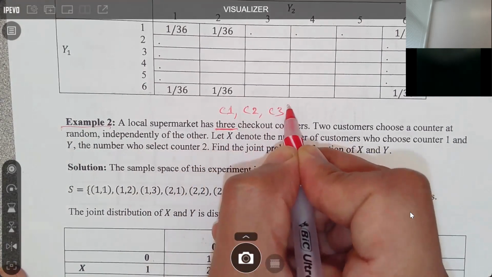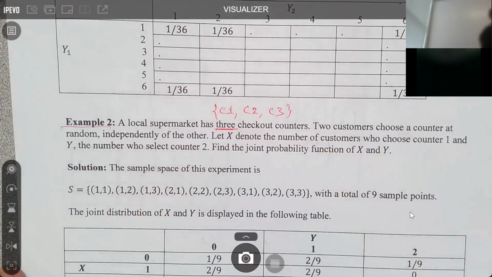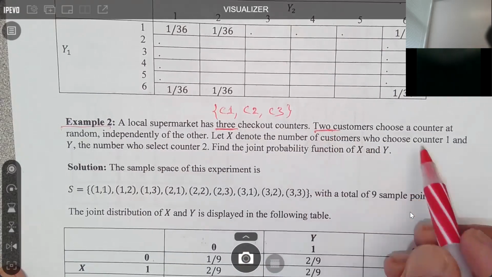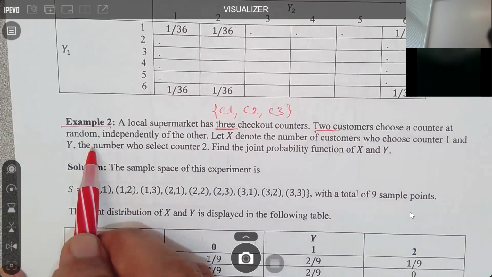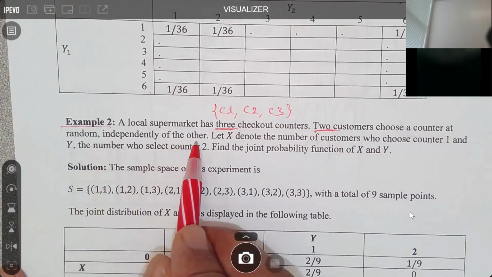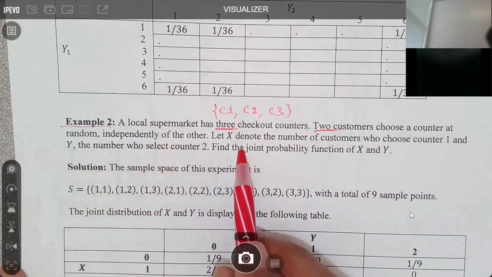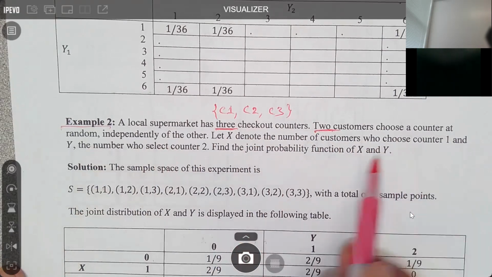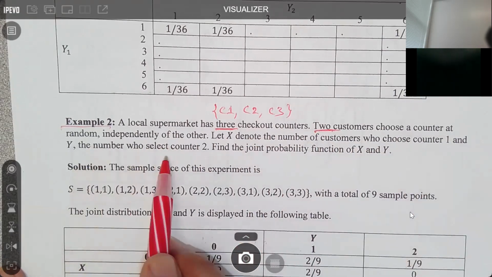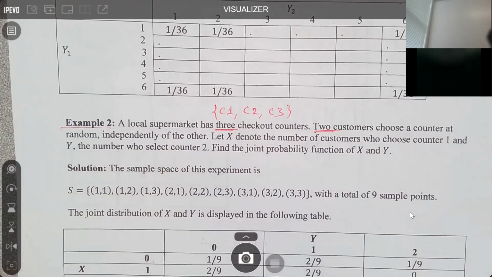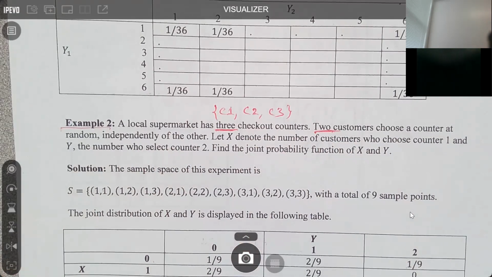Two customers choose counters at random, independently of the order. Let X denote the number of customers who choose counter 1, and Y the number who select counter 2. Find the joint probability mass function. Let's do this example.